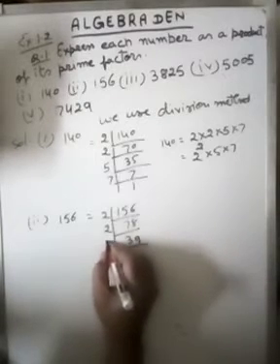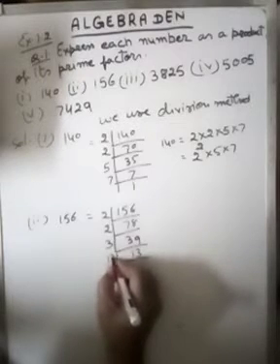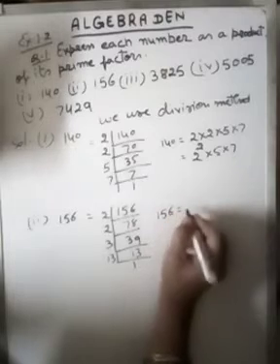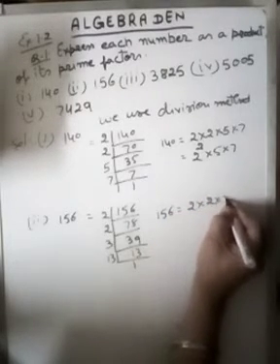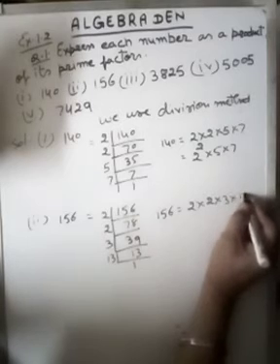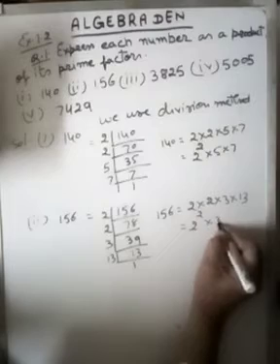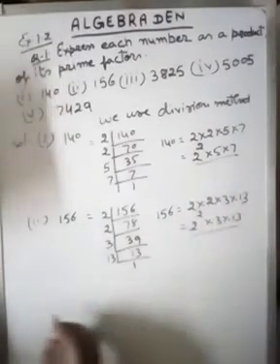Then by 3, it is 13. And lastly 13 it is 1. So the prime factorization of 156 is equal to 2 into 2 into 3 into 13, that is 2 raised to the power 2 into 3 into 13. This is the answer.